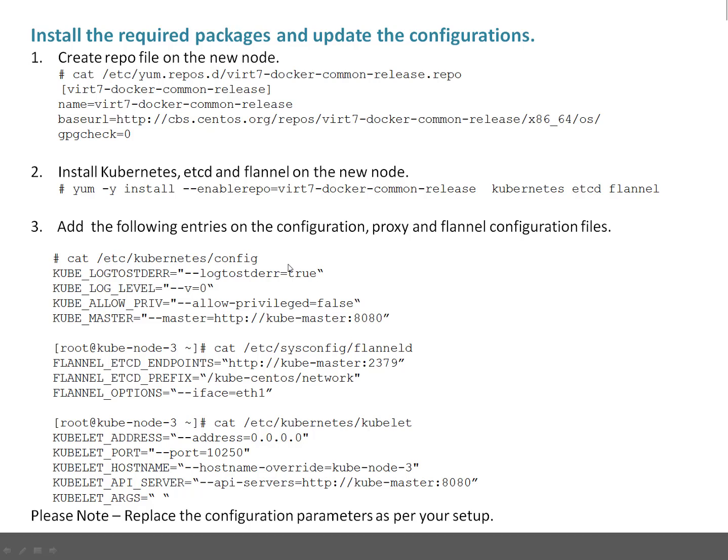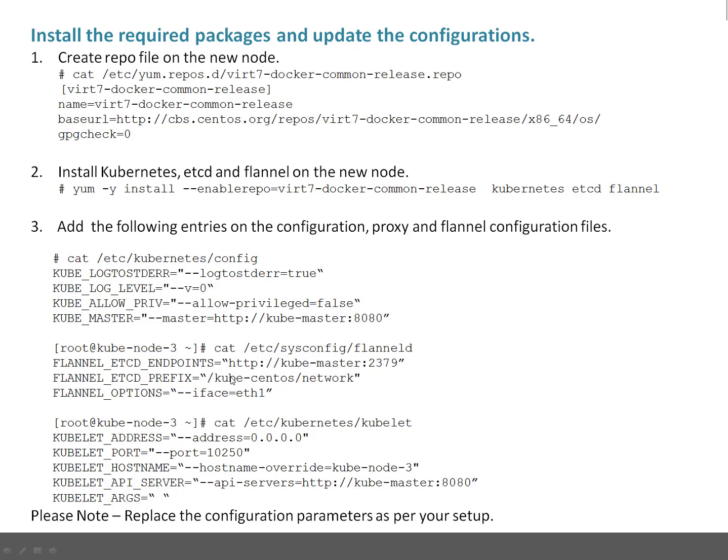After that, I will configure Kubernetes, where I will say this is the log file, this is the privileges, this is going to be the master. These settings you can pick from your existing node, or if you have documented them, you can use those settings. But make sure these settings are similar to your existing nodes in the cluster. After that, for Flannel, I'm doing the same configuration.